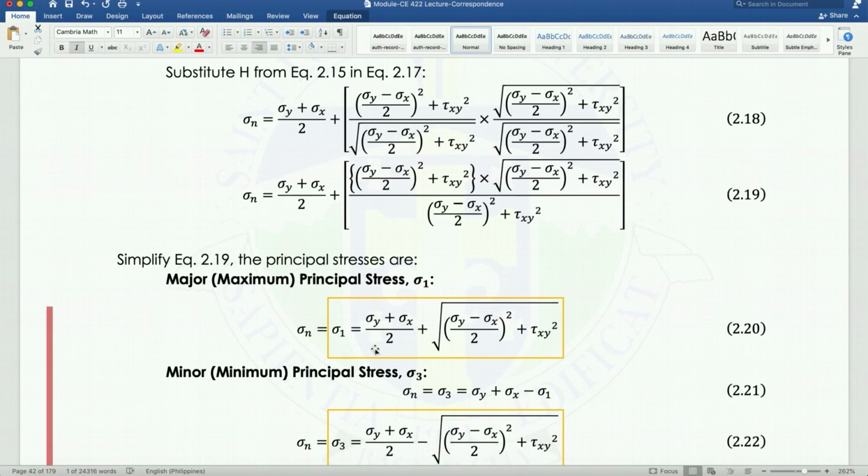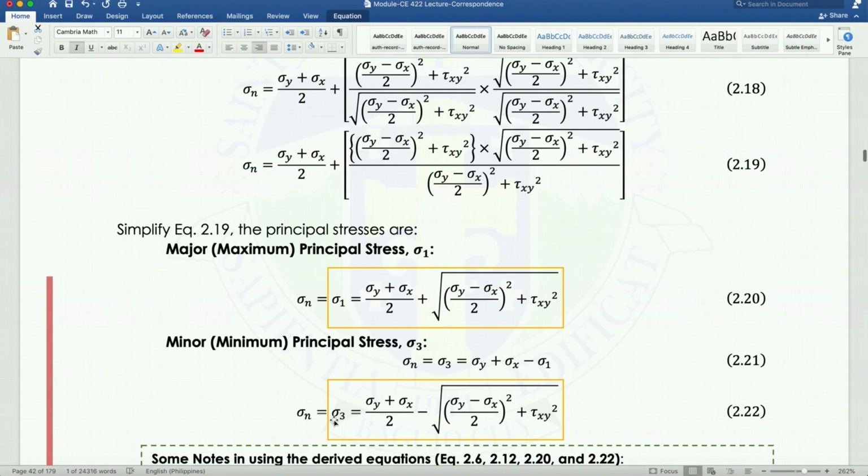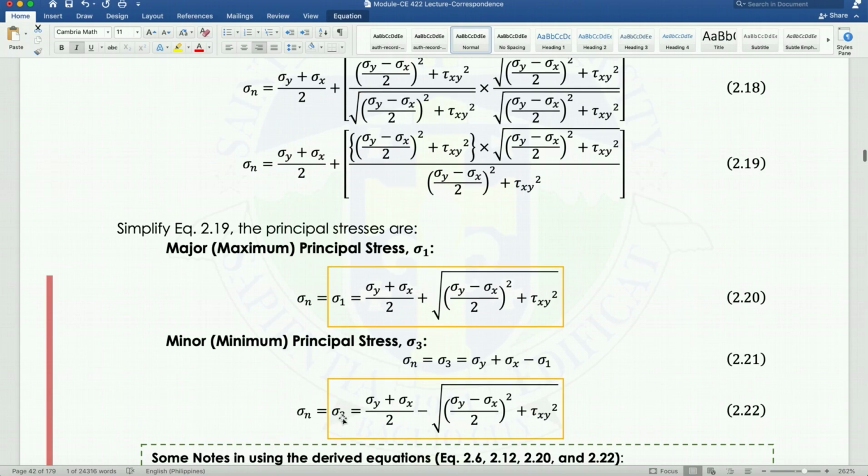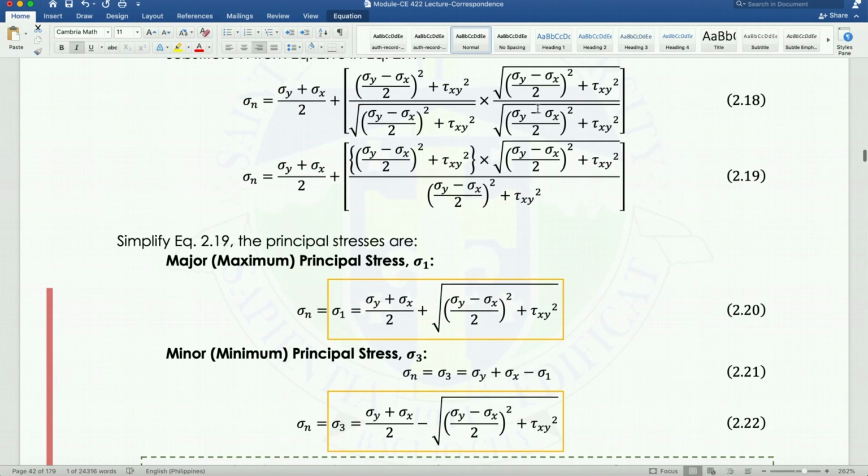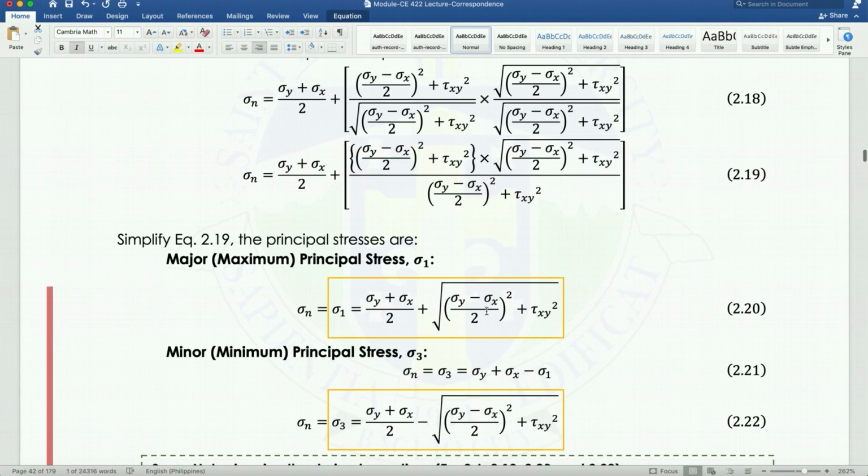Then for the minimum or minor principal stress, that is sigma 3. Okay, sinubstitute natin si h, simplify, then this will be our working equation for major principal stress. This will be our equation for major principal stress.